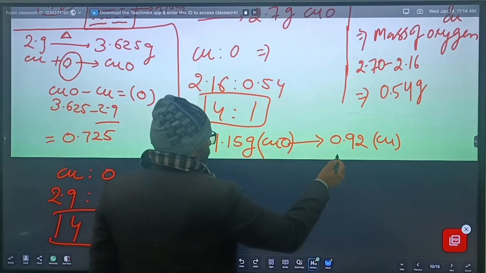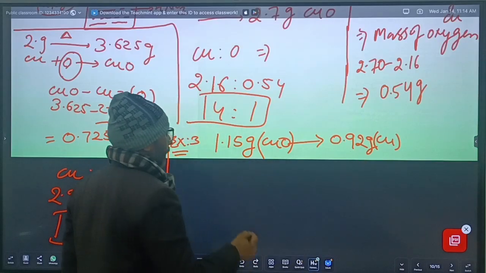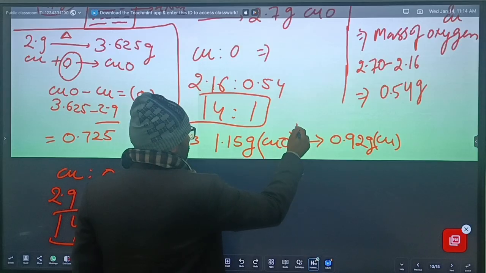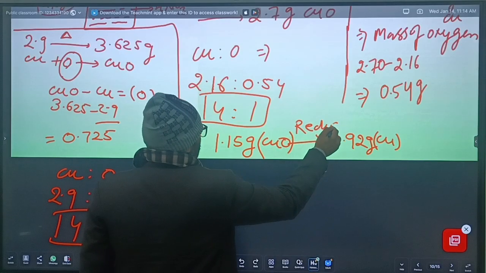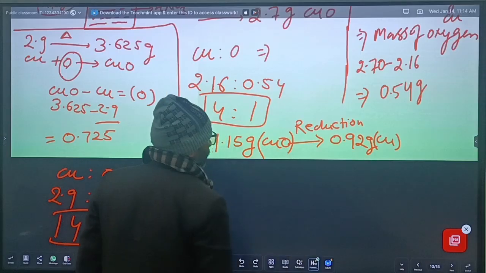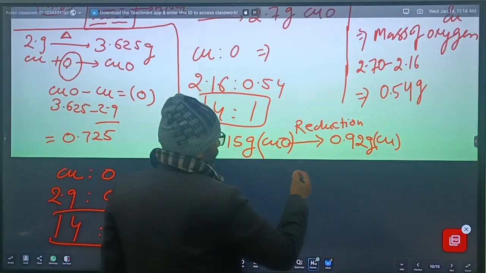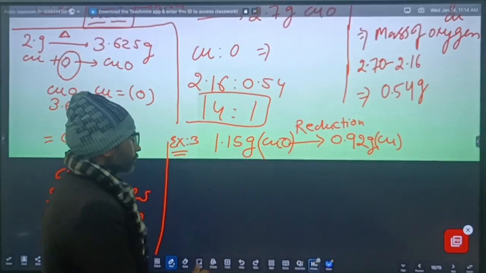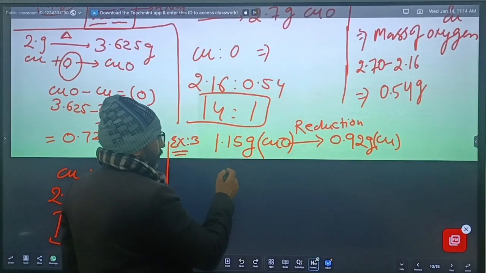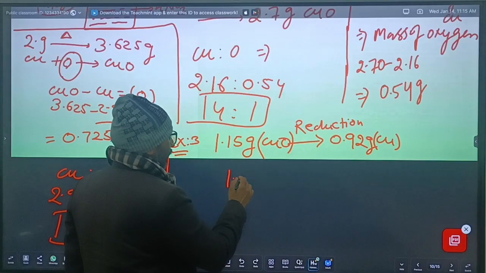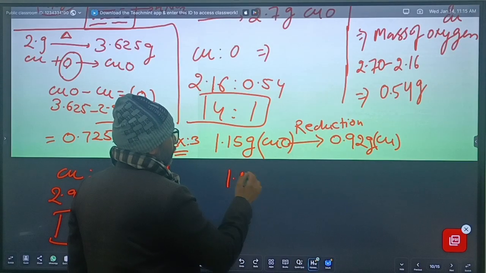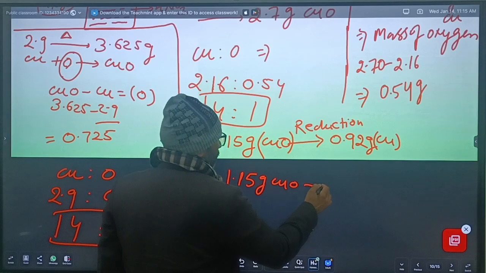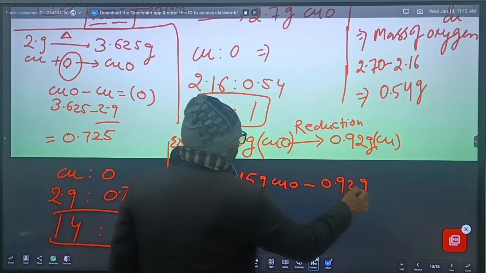Now what is the reduction process? Chemical change, reduction. Reduction is defined as removal of oxygen. Now 1.15 gram copper oxide minus 0.92 gram copper.